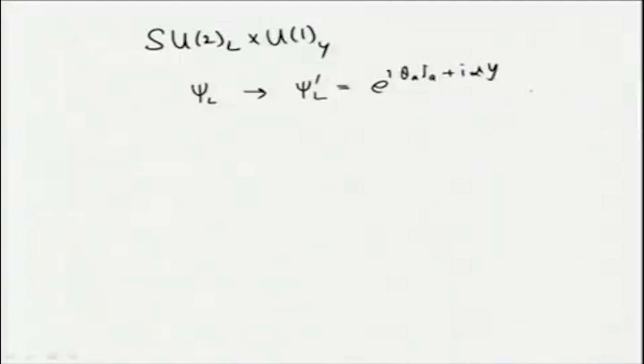Earlier we had denoted this hypercharge parameter as φ, but for reasons that will be clear as we go on, we will denote it by α now. The reason is that later on we will consider the scalar field, which we will usually denote by the standard notation φ, and we do not want to confuse you. So, we will change the notation here compared to the earlier one. Here A = 1, 2, 3, and y is whatever the hypercharge is.